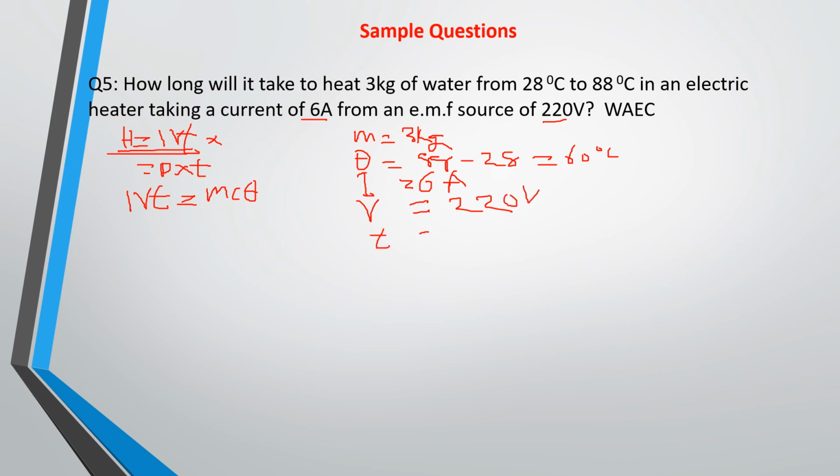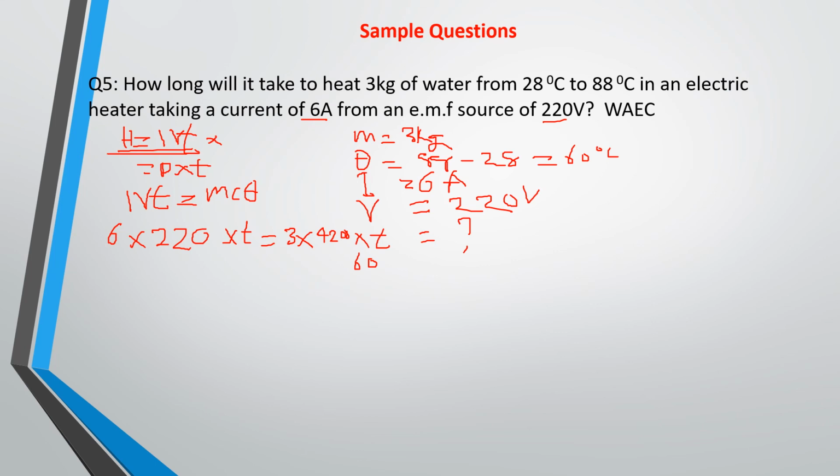T you are not given. So substituting into this equation, we are going to have 6 times 220 times time equals mass 3 times the heat capacity of water, 4200, times the temperature change, which is 60.